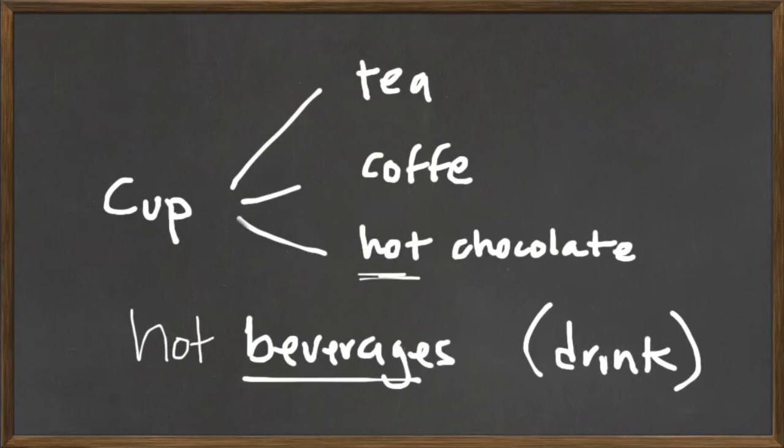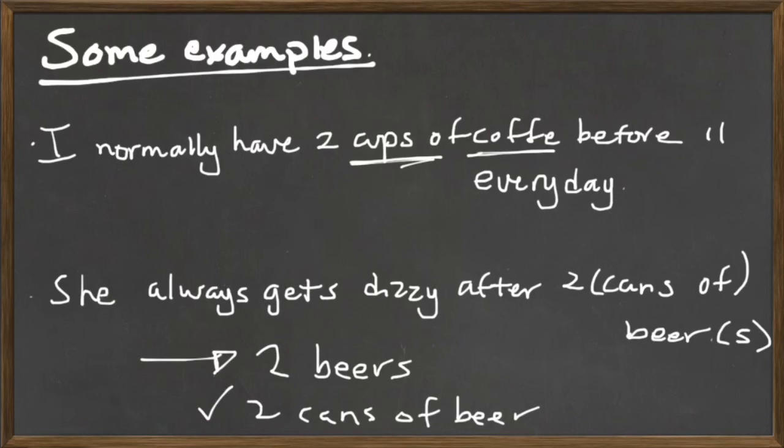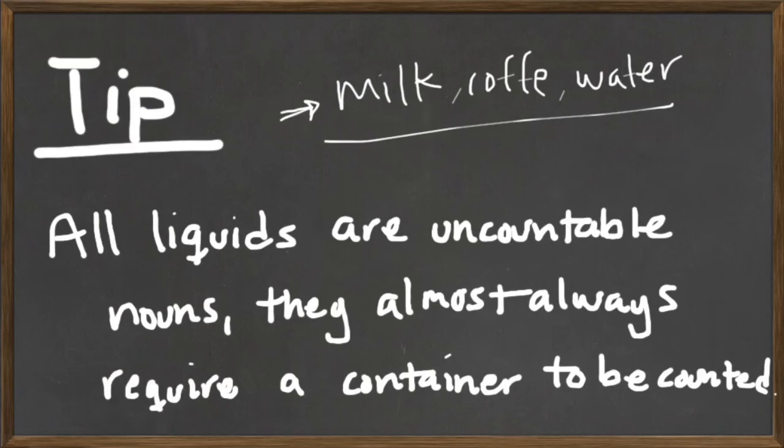For cup, we normally have hot beverages such as cup of tea, cup of coffee, or cup of hot chocolate. We went over some examples and recapped a little on countable and uncountable nouns. Don't forget, you can say 2 beers or 2 cans of beer, this one being the correct one, and the other the one people use. And a tip, don't forget about that.